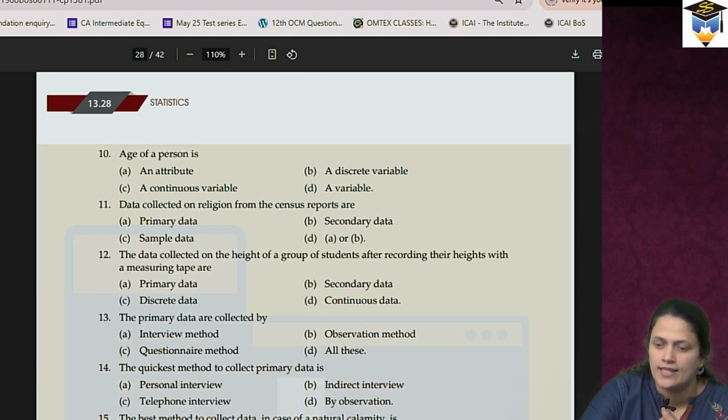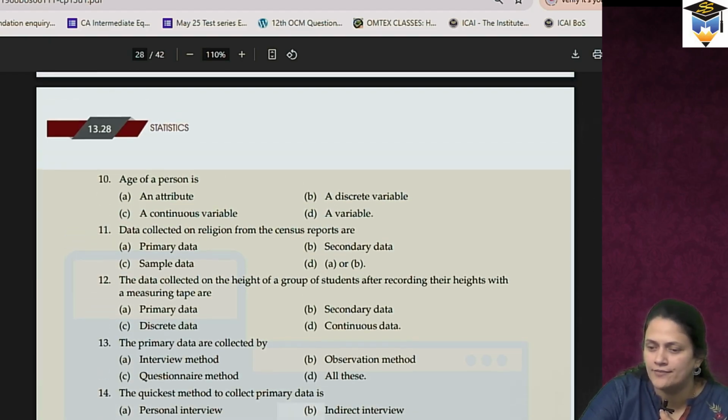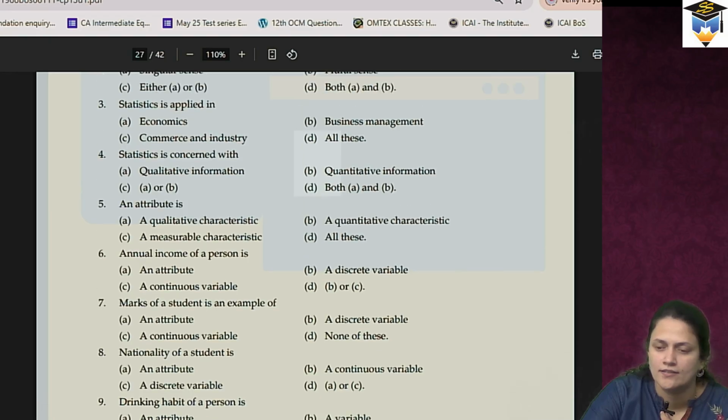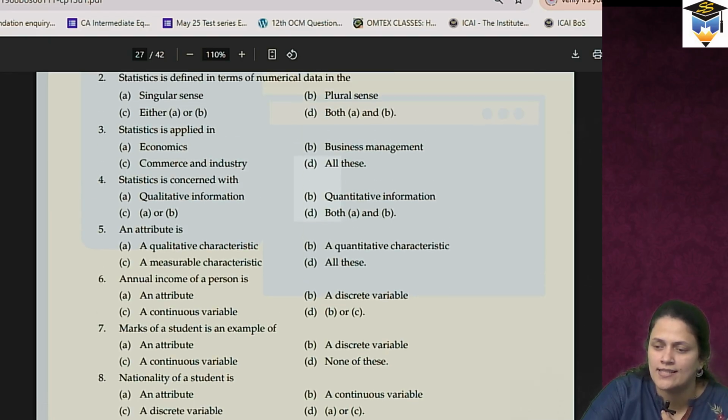Next, statistics is applied in economics, commerce, business management. All of these, option D. Fourth, statistics is concerned with qualitative information, quality, quantitative information, quantity, A or B, or both A and B. Both A and B, option D is correct for the fourth one.